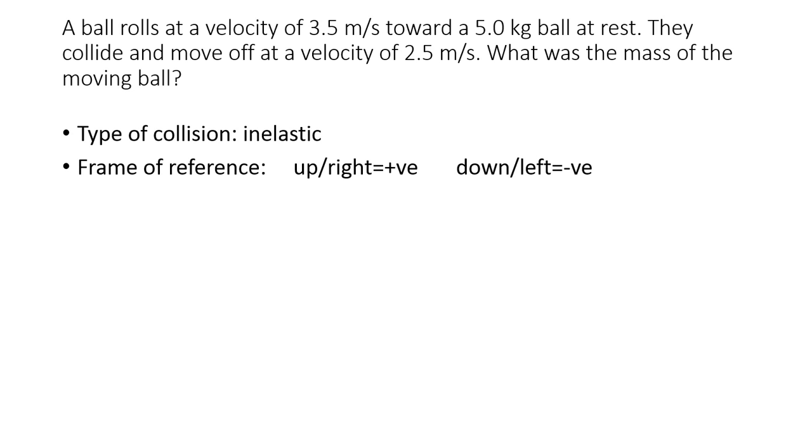So when it says that the first ball is moving at 3.5 meters per second, I'm going to say, alright, that means that ball is moving to the right. Okay, and then when they both move off at a velocity of 2.5 meters per second, again, I'm assuming that they're moving off to the right. Okay, so identify the type of collision that you have and identify your frame of reference. Now we're set up to solve the problem.